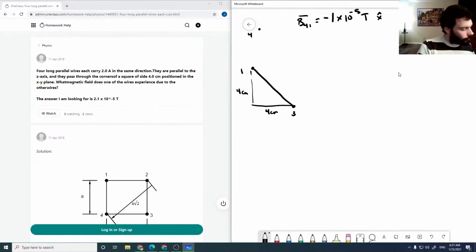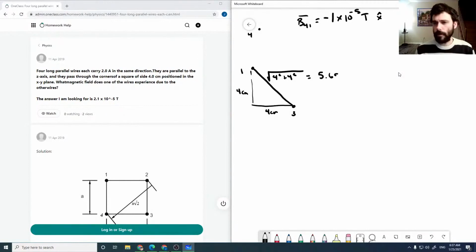So our R here is the square root of 4 squared plus 4 squared, which comes out to 5.657 centimeters, or 0.05657 meters.